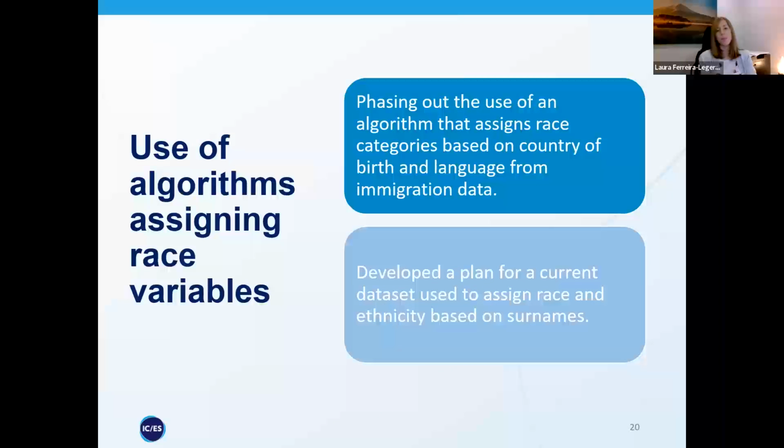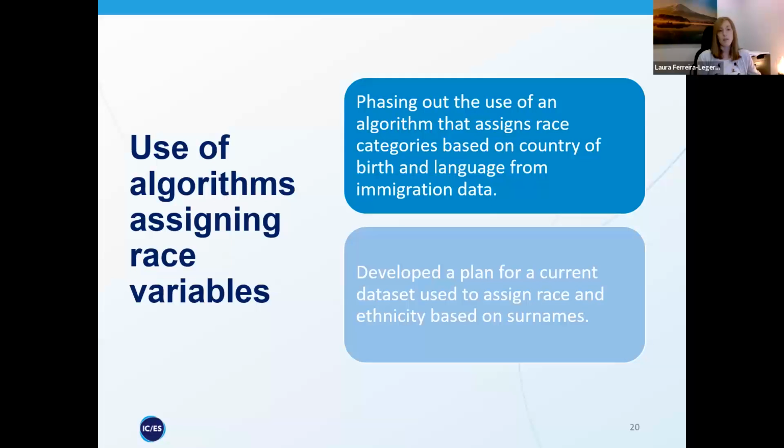So the last thing I'll mention in terms of some of the background work, and I think Susitha had alluded to this also, was that there were algorithms at ICES that assigned race variables based on certain categories. And generally this is not recommended or often not best practice.